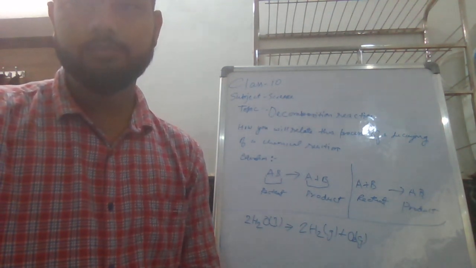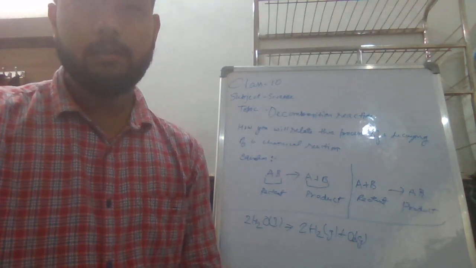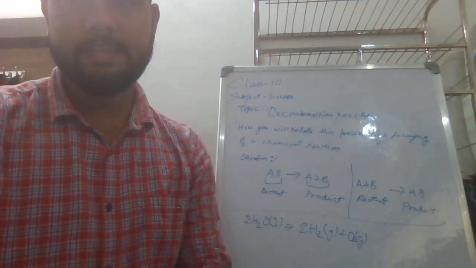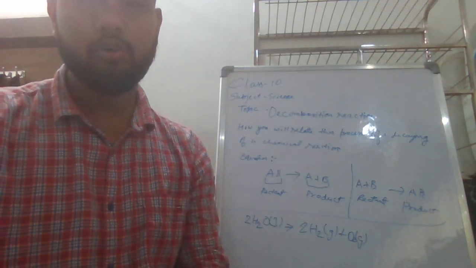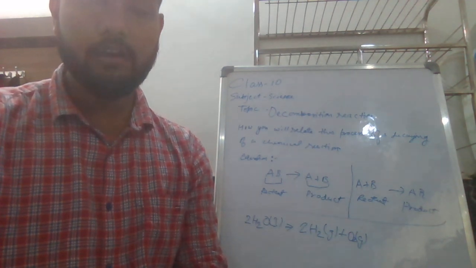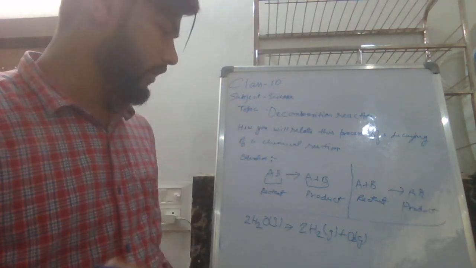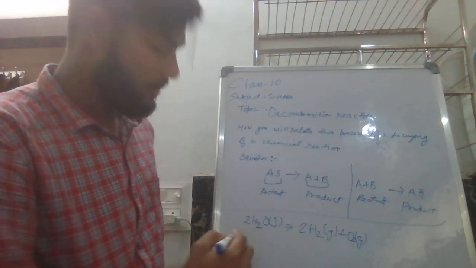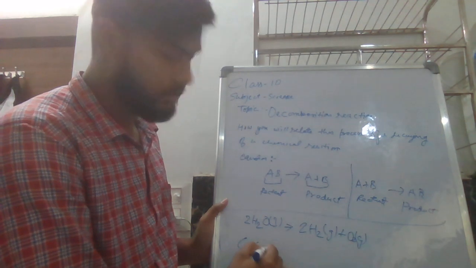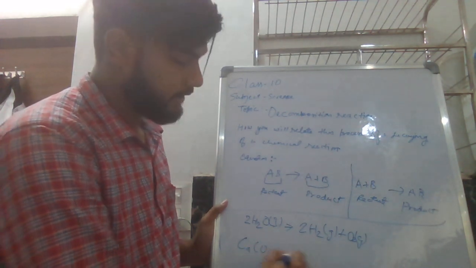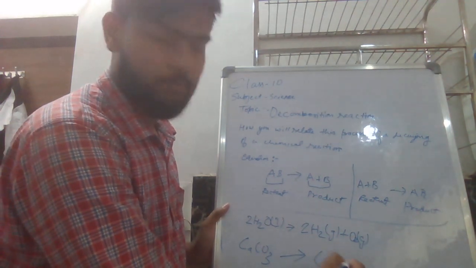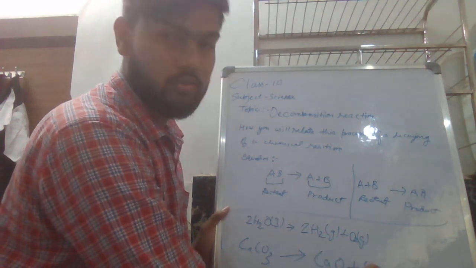I have a statement for you: calcium carbonate will decompose to form carbon dioxide and calcium oxide. You have to write out the equation. Here the equation will be CaCO3 gives CaO plus CO2.